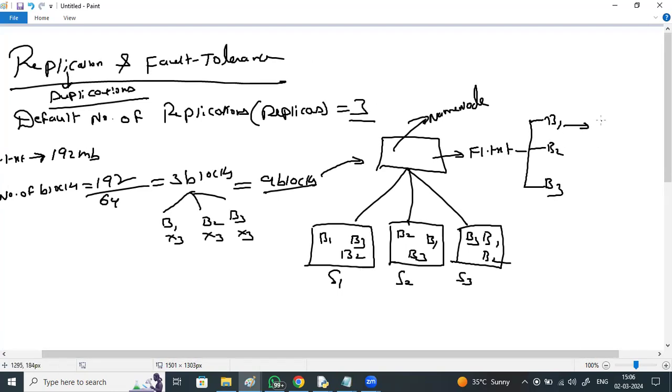B1 is stored across S1, S2, S3. B2 is stored across S1, S2, S3. B3 is also stored in S1, S2, and S3.